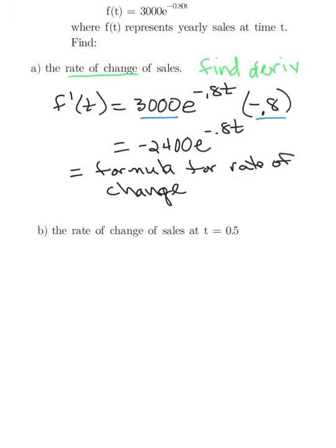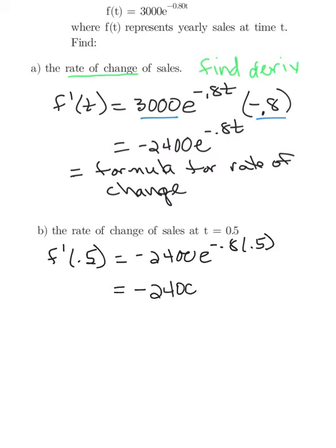Question B says to find the rate of change of sales at t equals 0.5. Now that we are given an actual number for t, we are going to substitute that into the derivative that we already found. So we're going to do f prime of 0.5. That will give us negative 2400 times e to the negative 0.8 power times 0.5. That makes our power into negative 0.4.